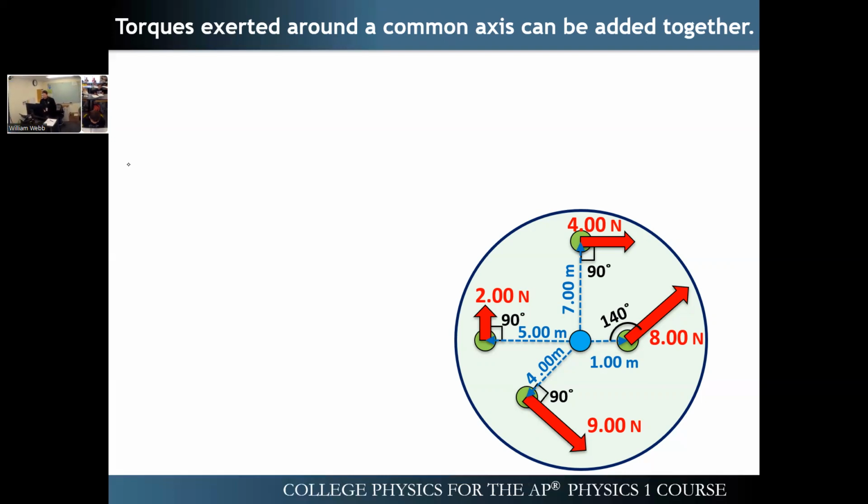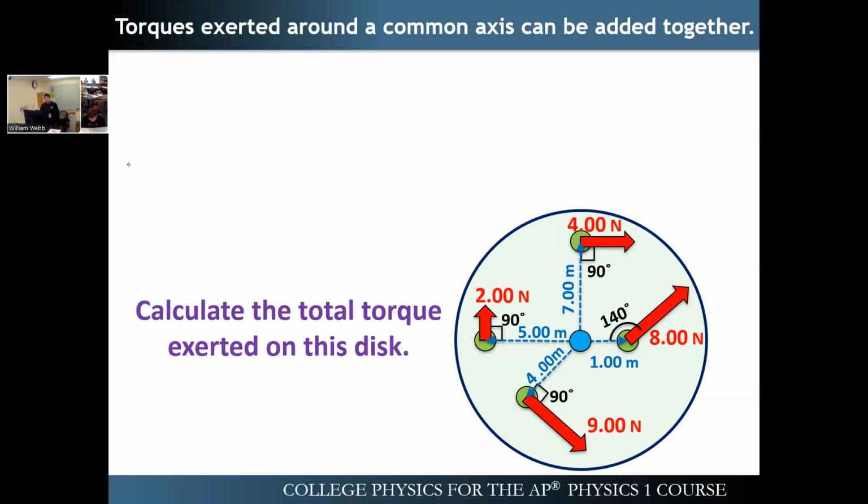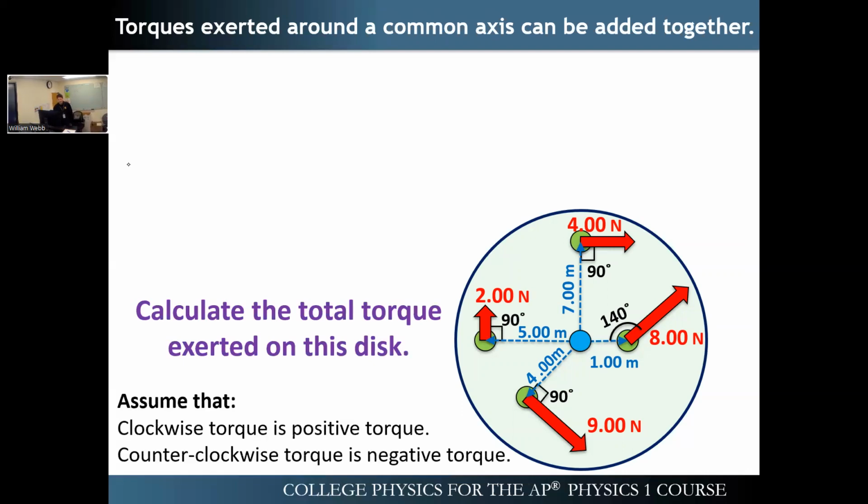So if we start to plug the numbers into our known equation, we can figure out who's going to win just by calculating the torque. We're going to call clockwise positive and counterclockwise negative, but we could redefine that. You don't have to do it that way. We're just saying it so we're consistent. Torque is a vector sort of component here, so we have to think about the direction that things are moving, and that's built into the equation.